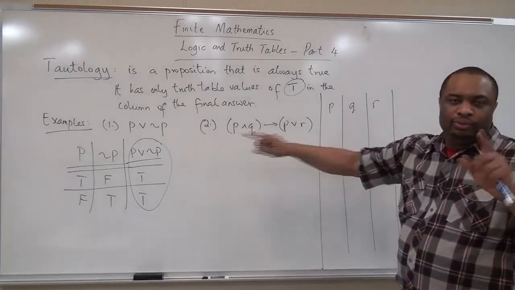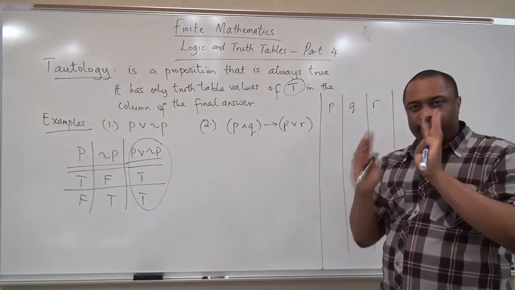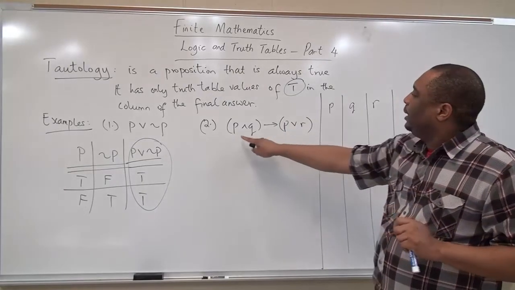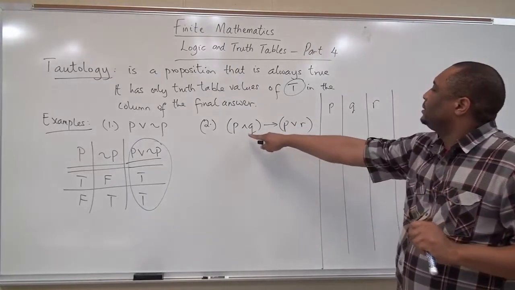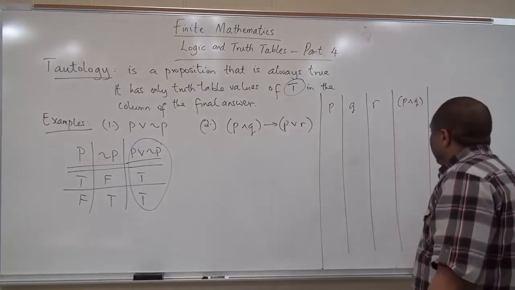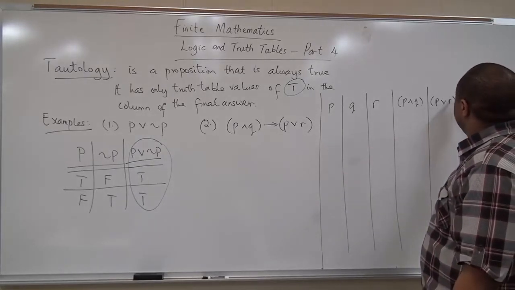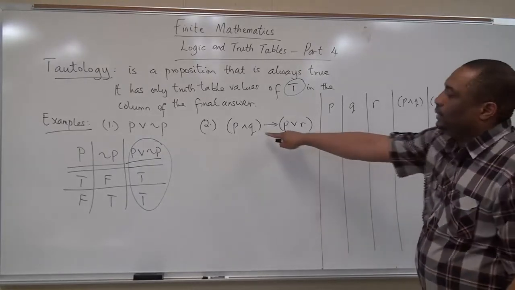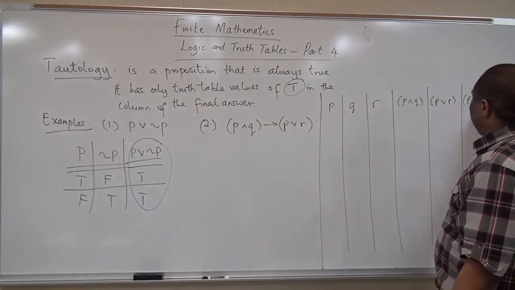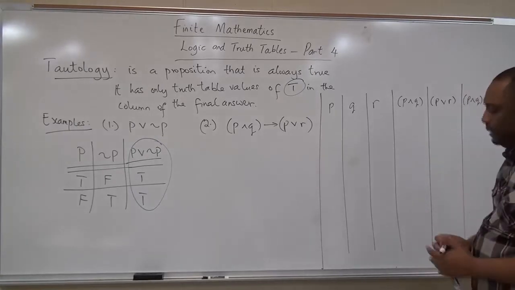then when we did logic and truth tables, part 3, you see you do this in order. You do it in order. Okay, let's do the parentheses first. P and Q, then P or R, then P and Q implies P or R. Right?